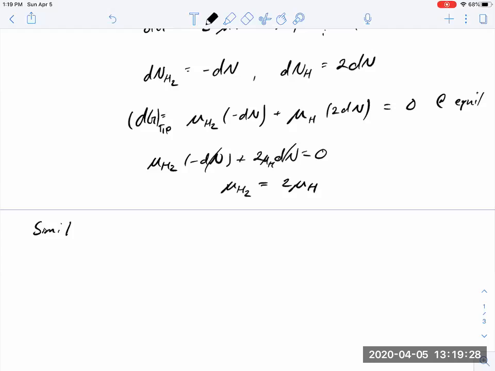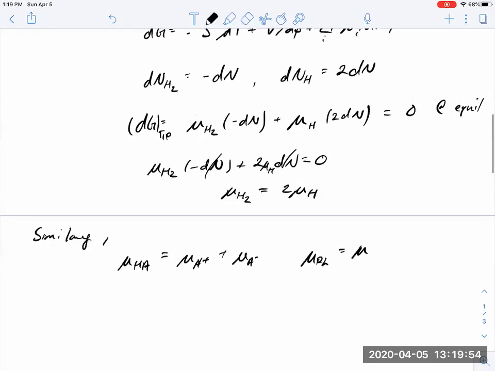Similarly, we could have worked through this example for the acid dissociation, and had we done that, we would have found that the chemical potential of the associated acid must be equal to the chemical potential of H plus its anion at equilibrium. Or analogously, the chemical potential of the protein ligand complex would have to be equal to the chemical potential of the protein free in solution plus the chemical potential of the ligand free in solution.